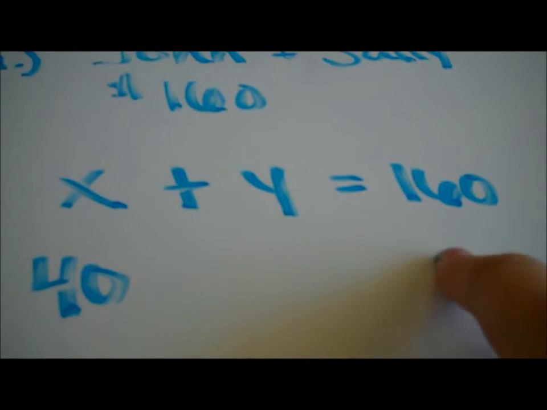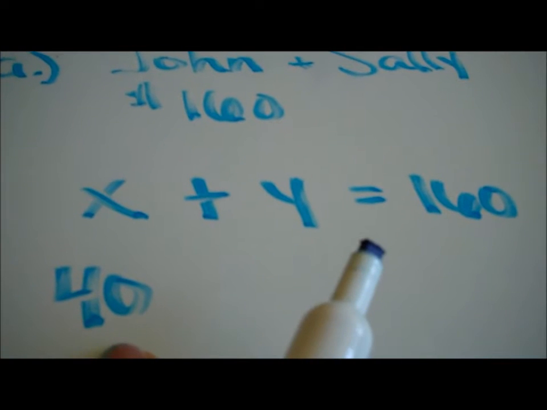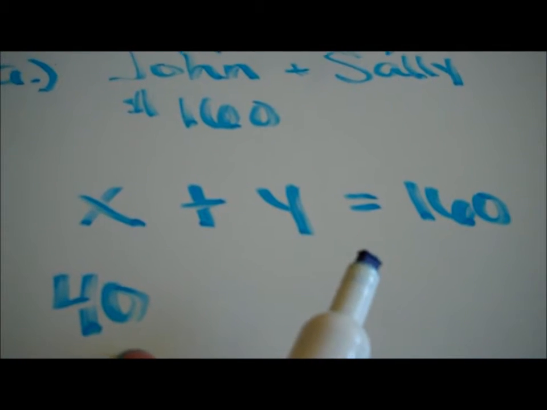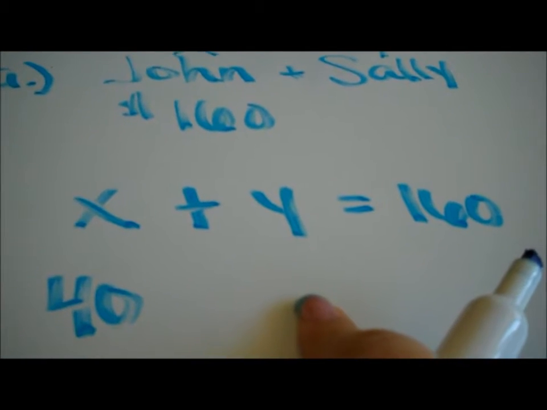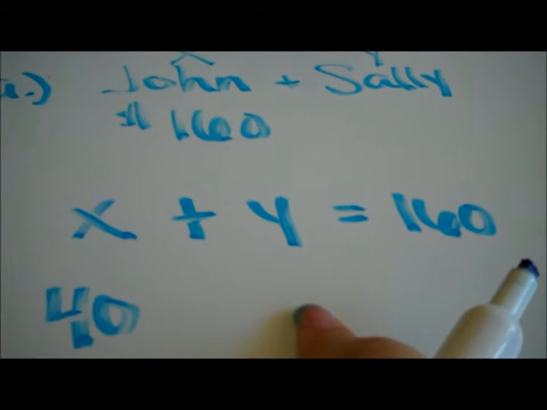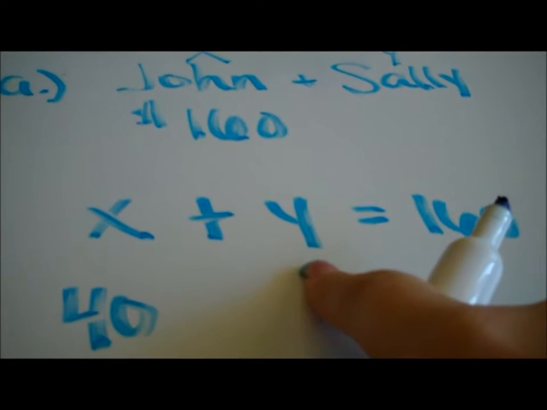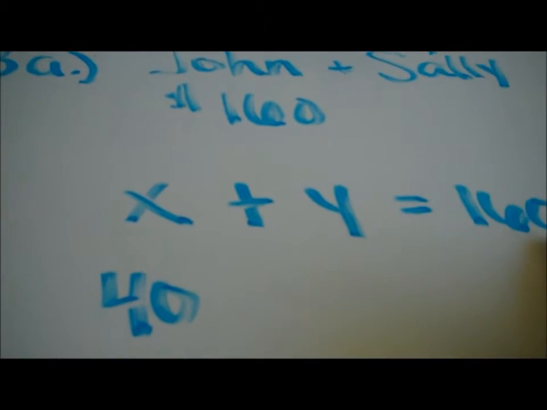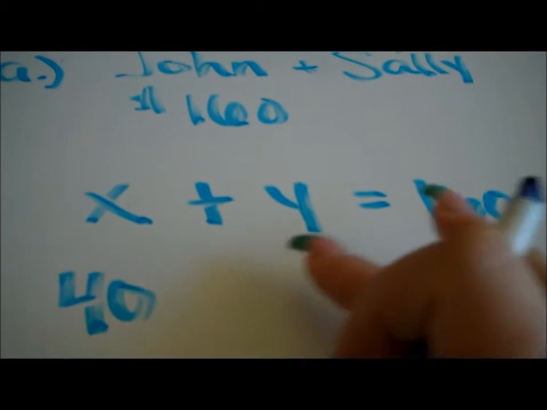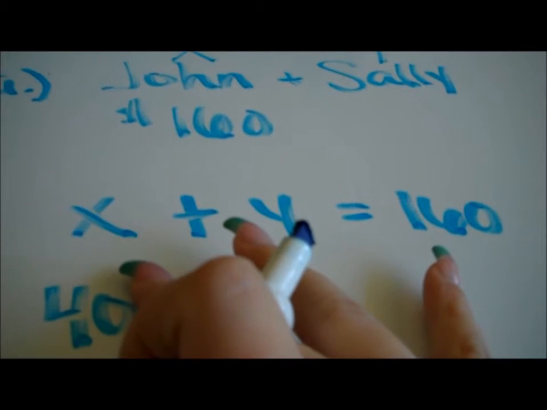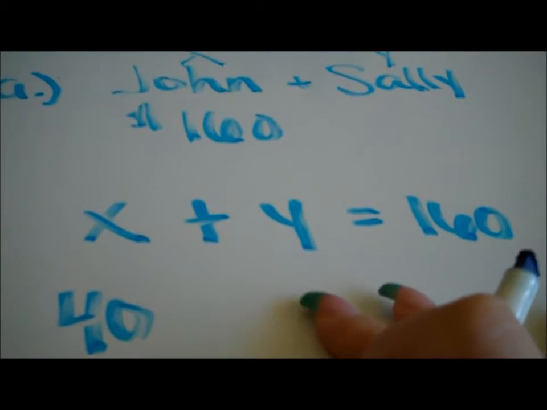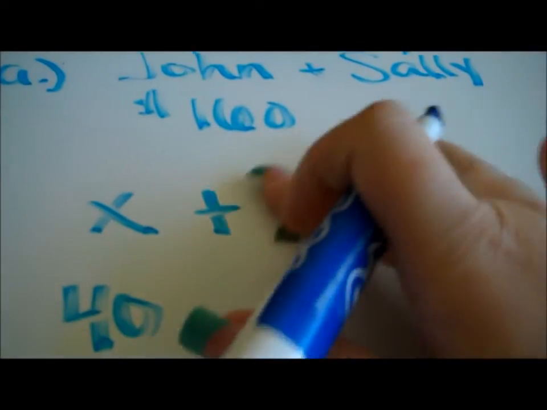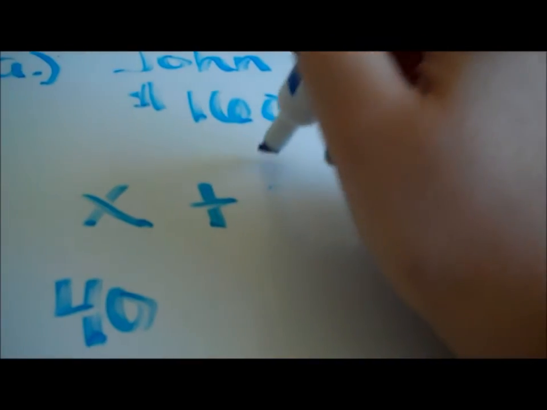Well, Sally is going to have $160 minus the $40. So then Sally would have $120. So in order to write Sally in the same terms as X, we need to take the total amount, which is $160, and subtract what John has. So Sally, we can substitute that in, that's going to be $160 minus X.